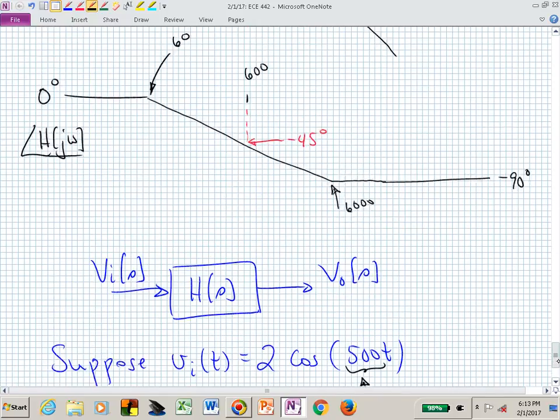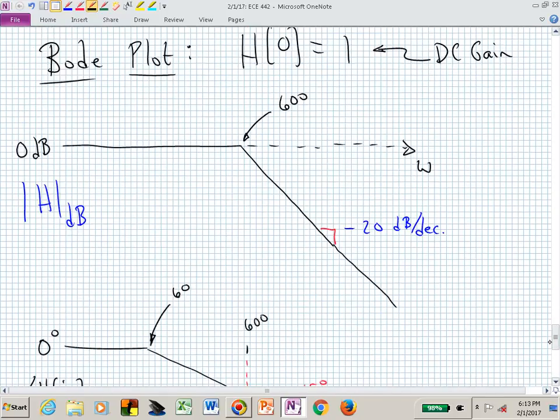Where is omega 1 on our Bode plot? It's 500, and it's somewhere on that omega axis. In the magnitude, where is it falling? If I had labeled other points, it would be a little bit easier to determine, but let's just say that 500 is right here.